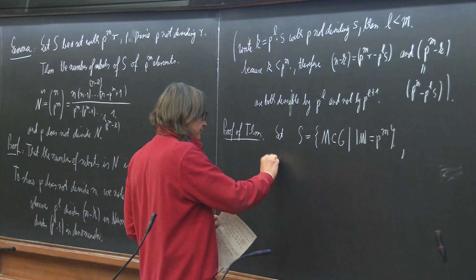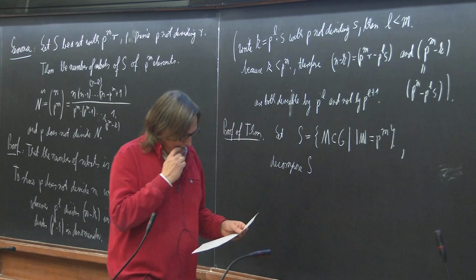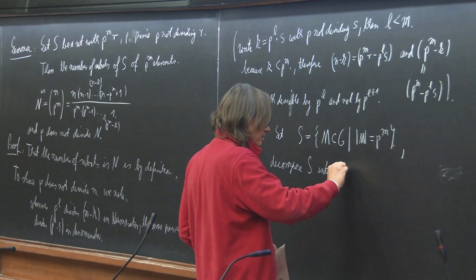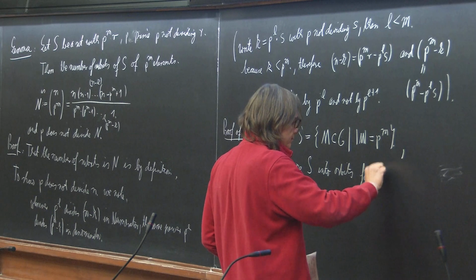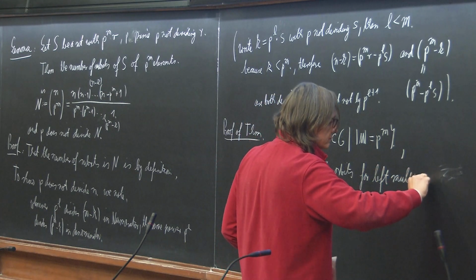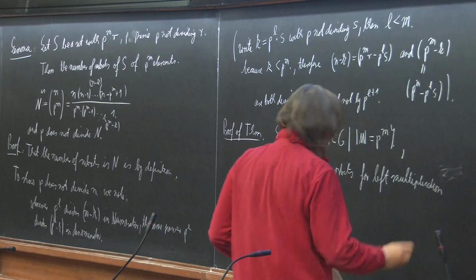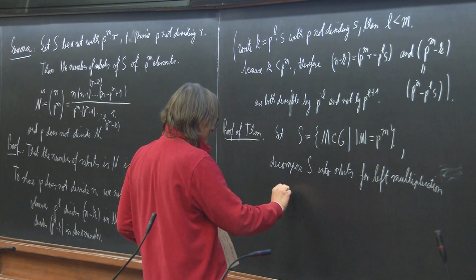So we decompose S into orbits for the left multiplication. Okay, so we have the left multiplication, G times a subset.